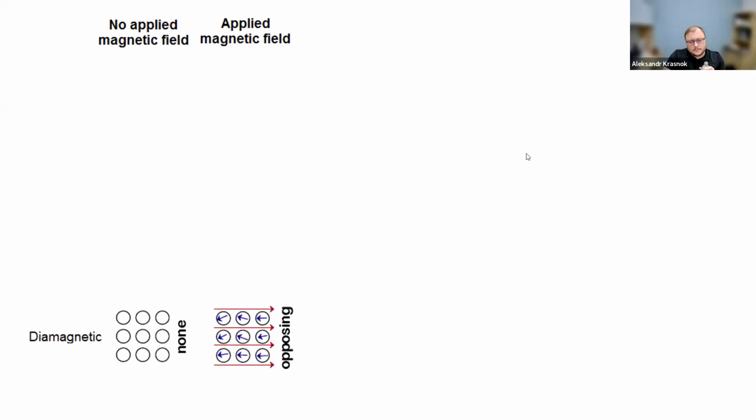Yeah, so depending on the effect of magnetic field on media, we can classify materials in 3 or 4 different categories or types, right? The first category is diamagnetic materials. Diamagnetic materials without applied magnetic field have no magnetic dipoles, okay?